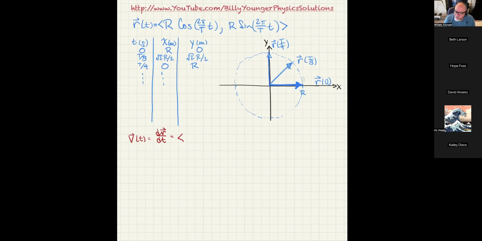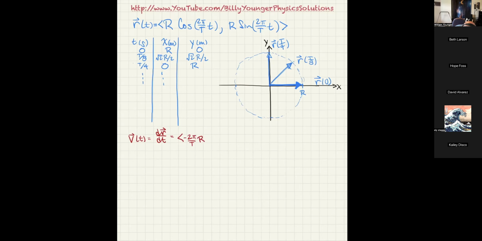That's not going to change. I'm going to have to take the derivative of cosine, which is negative sine, and then I've got to take the derivative of 2 pi over T times t, and I'm taking it with respect to the regular t.